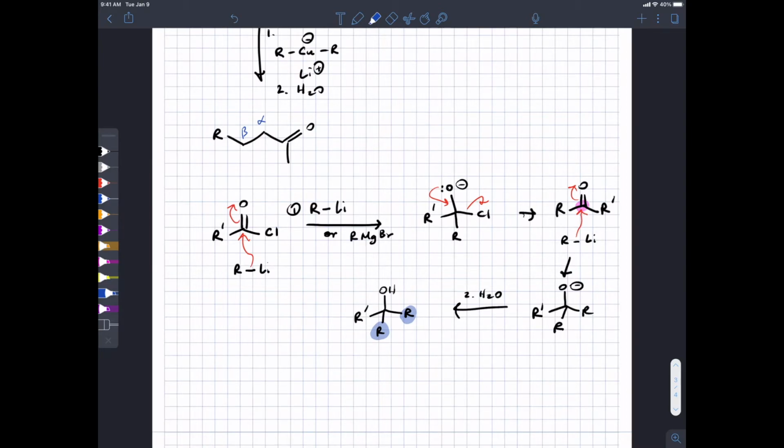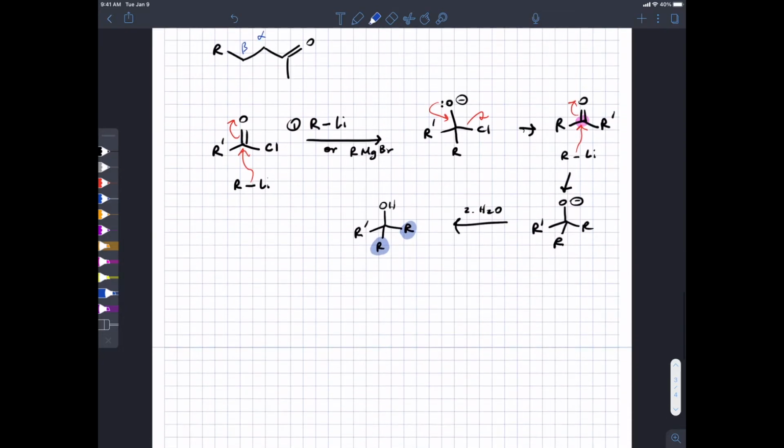In contrast, the cuprate, because of its different reactivity, and there's no fundamental reason here that I can cite for you, you're going to have to just memorize it. In contrast, you take the cuprate, you take the acid chloride reagent and you react it with the cuprate, and you can get away with only one equivalent of R minus adding, such that you get out of this reaction the ketone.